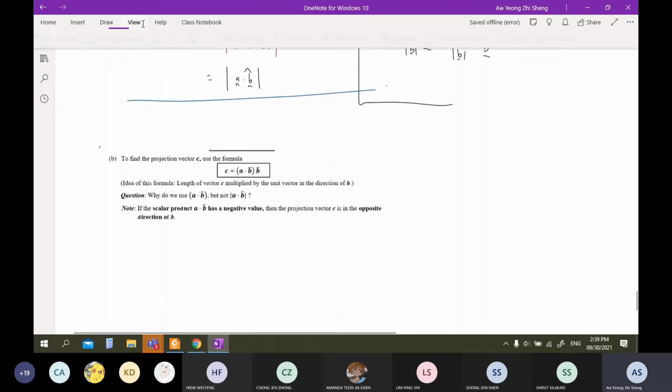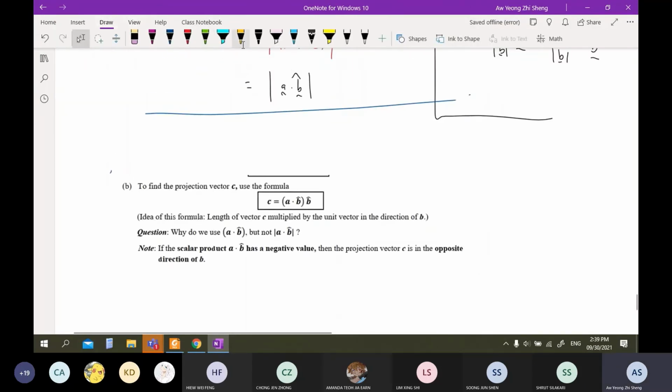Refer to my diagram above, to my printed diagram above. Maybe I just redraw it here. My vector B is parallel to line L. And I know my vector C is something like this, which could be longer or shorter than B. Now, it says that it's just the length of vector C multiplied by the unit vector in the direction of B. So if I want to get a formula for the vector C, I just need to shrink the length of B to become unit vector.